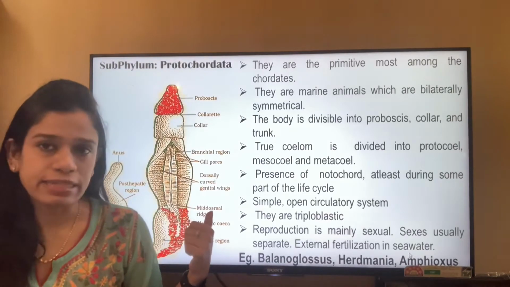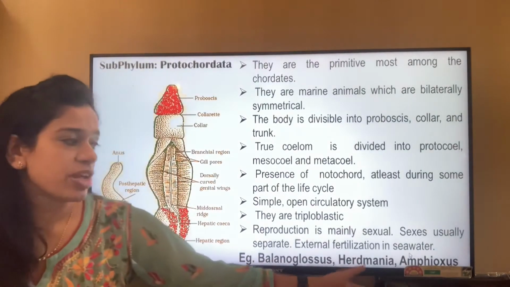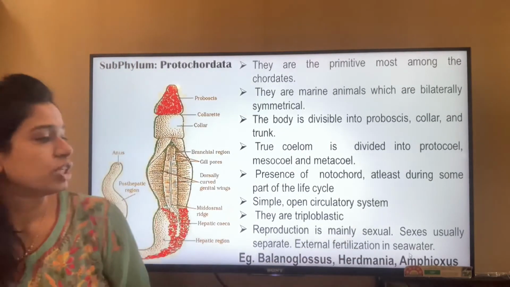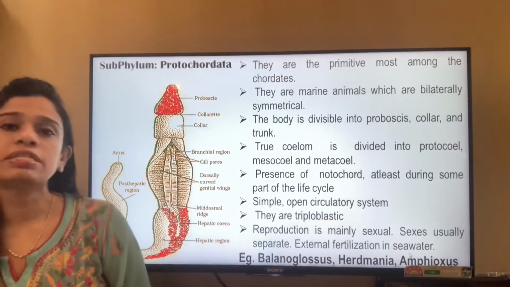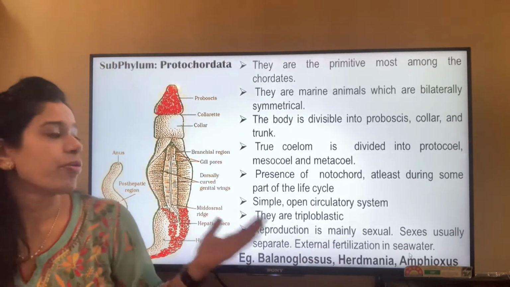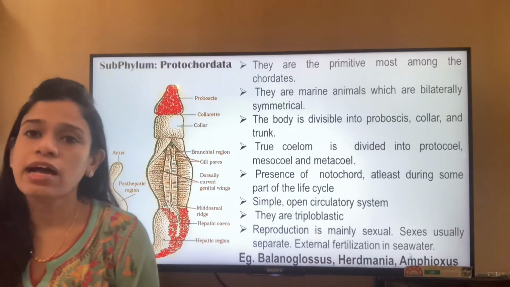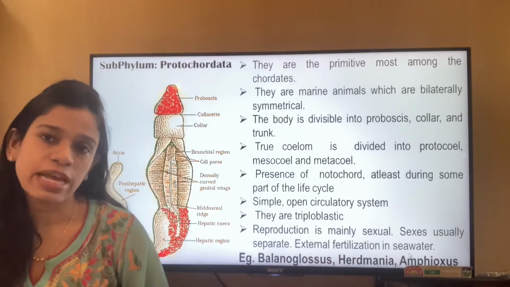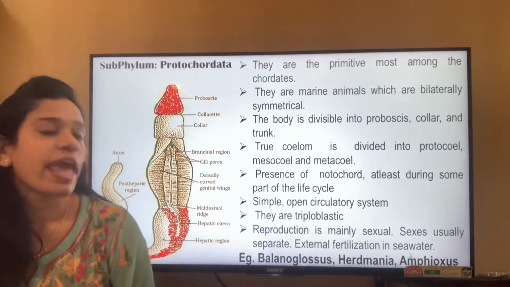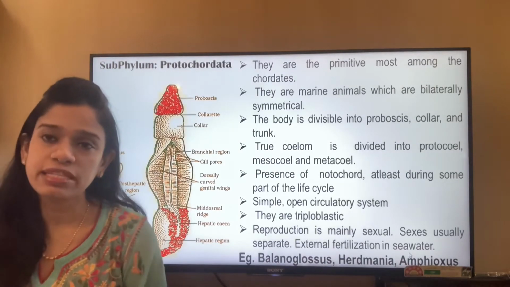protochordates. Examples are Balanoglossus, Herdmania, and Amphioxus. They have a simple open circulatory system. They are triploblastic in nature, and reproduction is mainly sexual. The sexes are separate, not in the same body, and external fertilization takes place in the seawater.